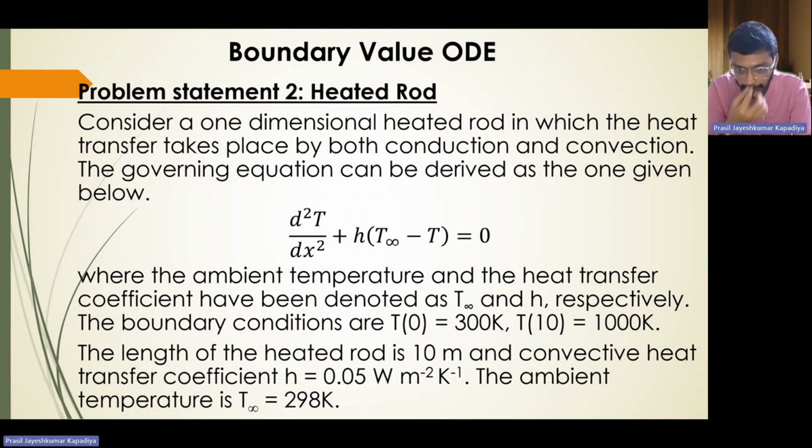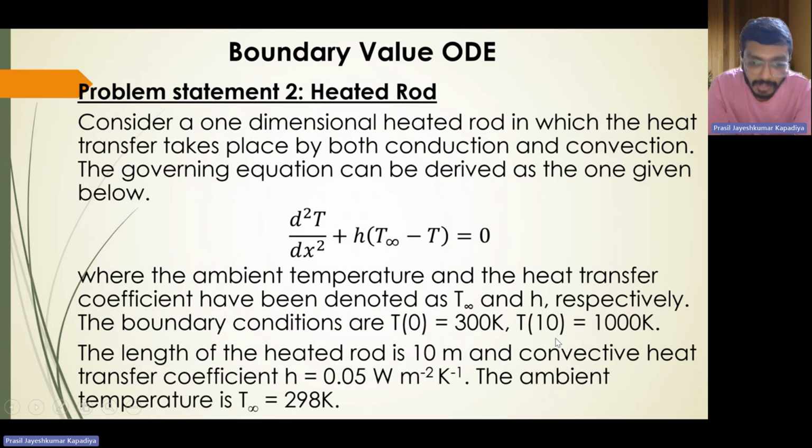The boundary conditions are T of 0 is equal to 300, meaning at x is equal to 0, my temperature is 300, and T of 10 is equal to 1000 Kelvin. So two boundaries at which we are given these conditions. The length of the heated rod is 10 meters. Even if they don't mention it, we should understand it from here.